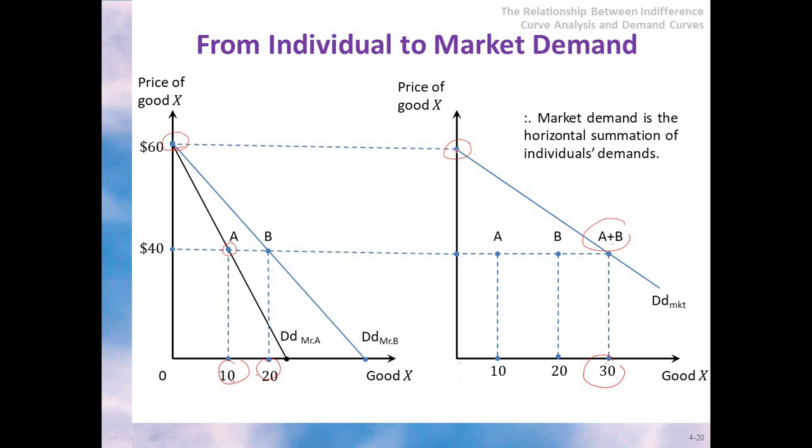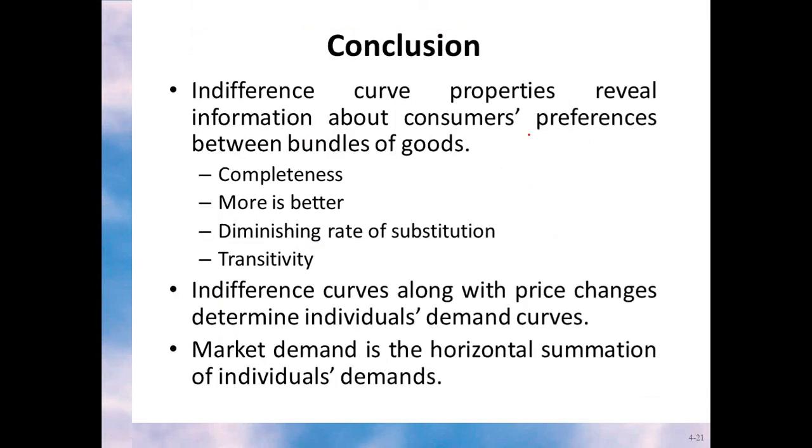You can see that the demand curve in the market, as compared to the individual, is flatter. We derive the market demand curve from the individual demand curve, and the individual demand curve is derived from his or her indifference curve. So that is the relationship.